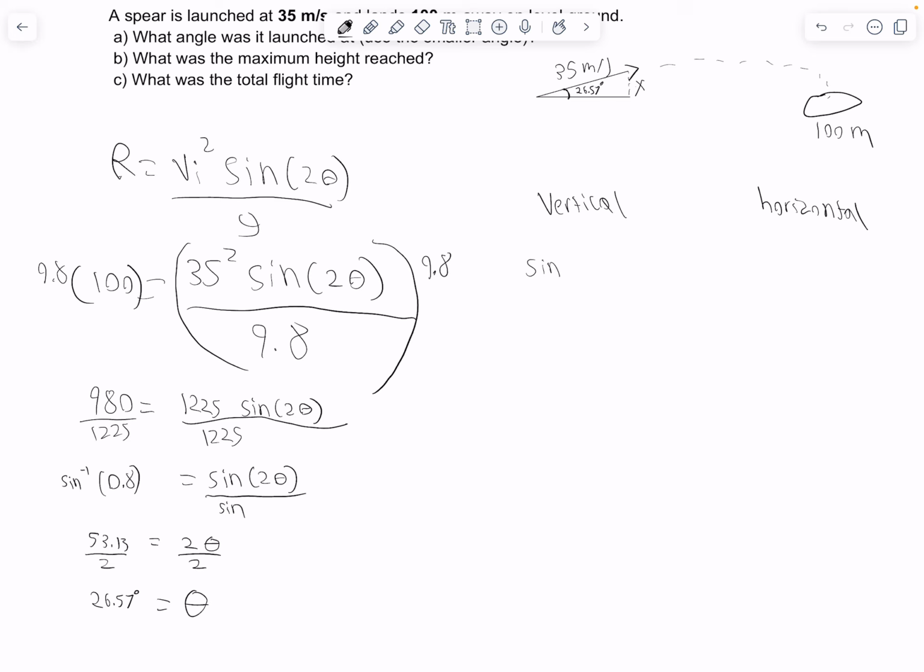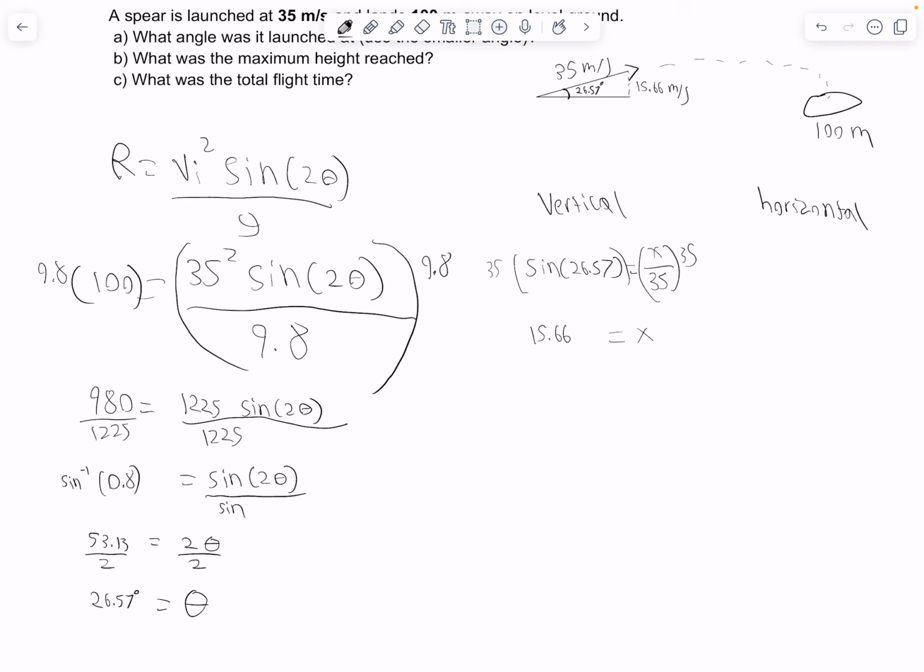So the sine of 26.57 is equal to our opposite, which is x, what we're trying to solve for, over our hypotenuse, which is 35. Multiply both sides by 35, and this will give us 15.66. So I can replace the x right here. That x is equal to 15.66 meters per second.